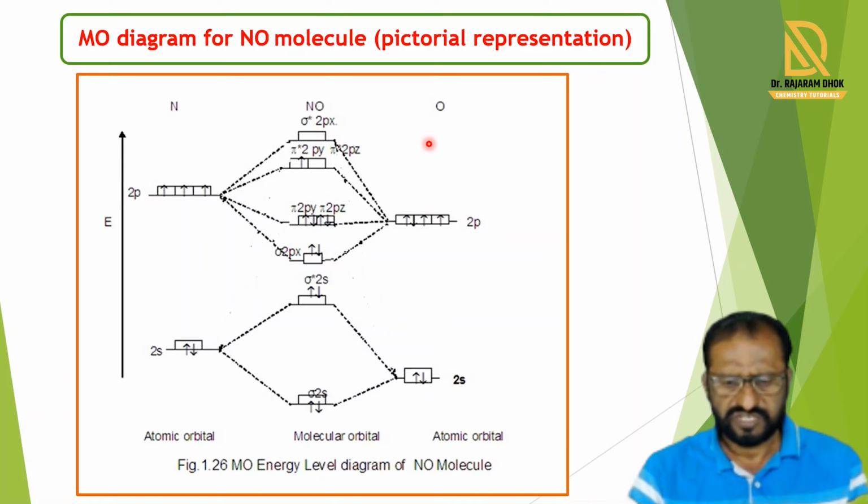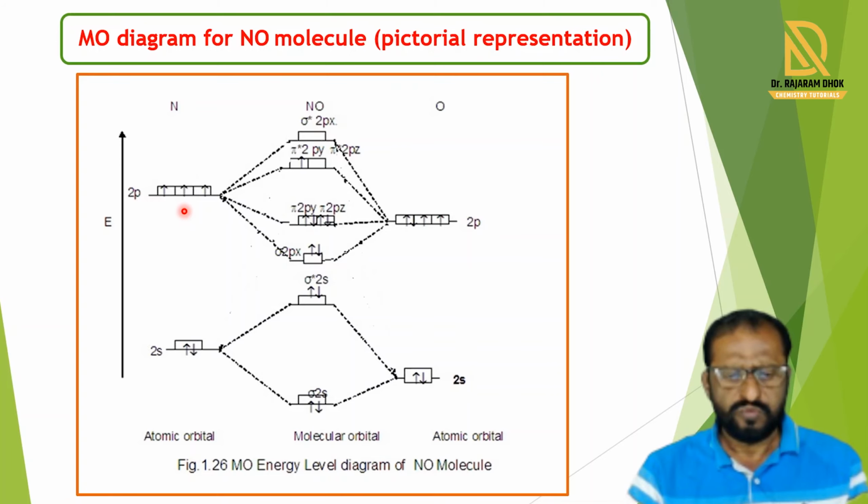In nitrogen, 2s is shown at a certain energy level, and 2s of oxygen is lower in energy than nitrogen. Since oxygen is more electronegative, its energy is lower than the corresponding nitrogen atomic orbital.